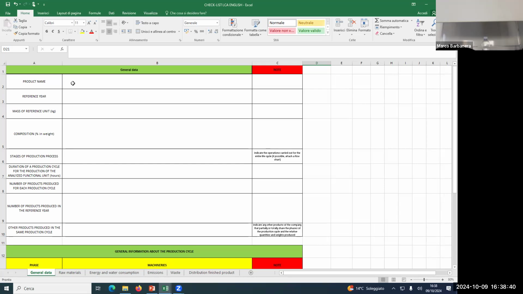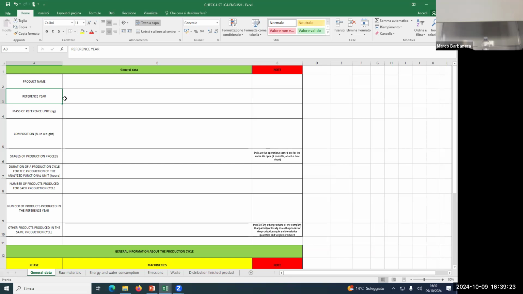In particular, you can find here that it's important to collect information about the product name, obviously. The reference year is important to define, firstly, because primary data should be referred to a specific year. So if we want to analyze a product today, the most recent year to collect data will be 2023.